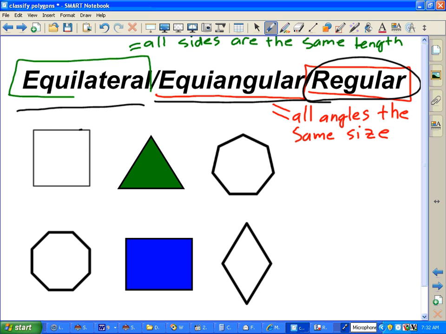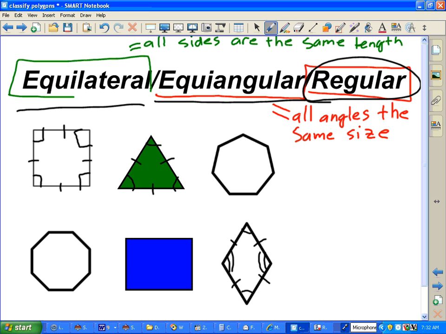So this square is regular because all the angles and all the sides are exactly the same. This triangle is regular. This rhombus is not. It's equilateral, but it's not equiangular.